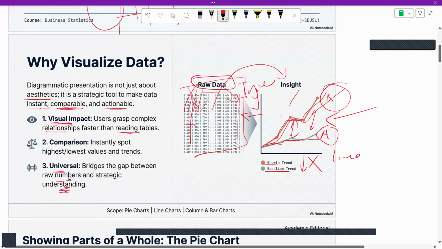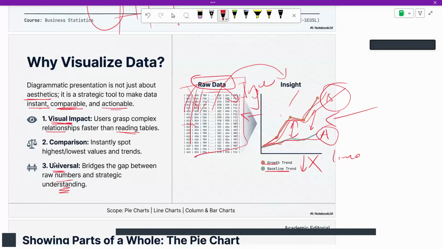Not everybody is able to get the in-depth meaning of the data set from a table, but with graphs and advanced visualization techniques, it's easier for everyone. It bridges the gap from complexity into simplicity.